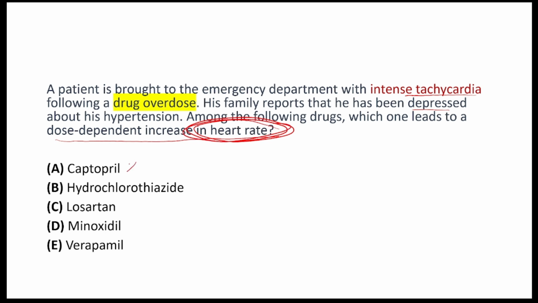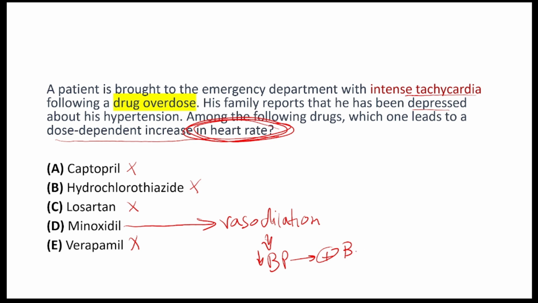Captopril, hydrochlorothiazide, losartan, verapamil, minoxidil. Minoxidil, because it causes vasodilation, and this will lead to decreased blood pressure, stimulate the baroreflex, and the end result will be increased heart rate.